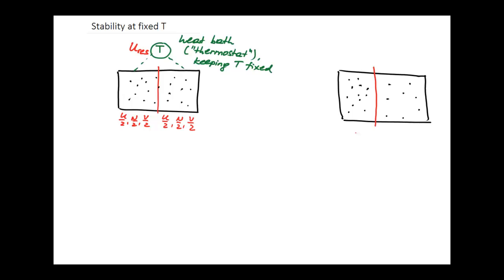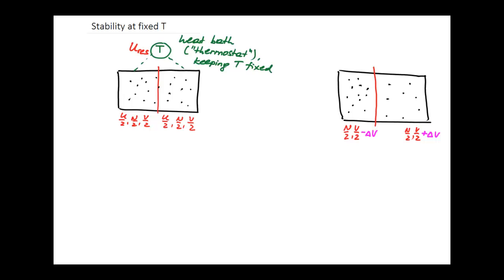So you have on the left half the volume minus some delta V, and on the right-hand side, half the volume plus some delta V. The particles are distributed evenly, so on both sides you have half the total particle number.